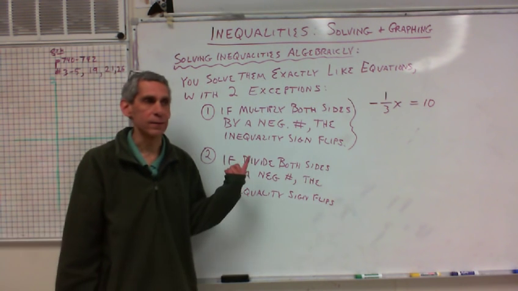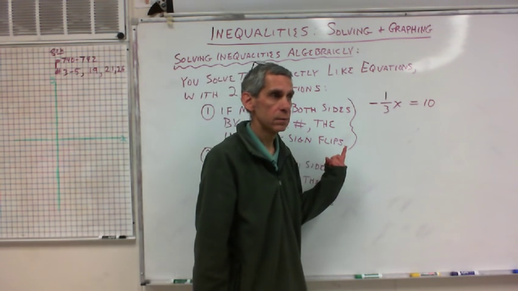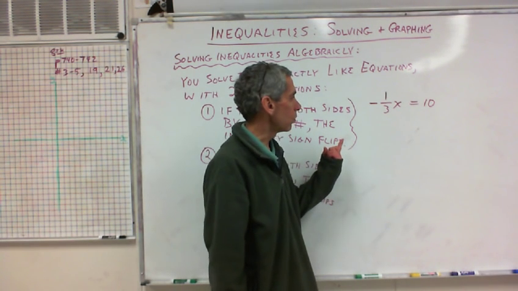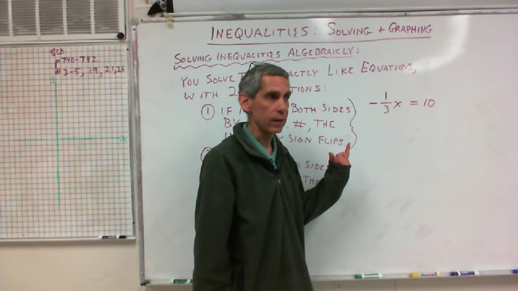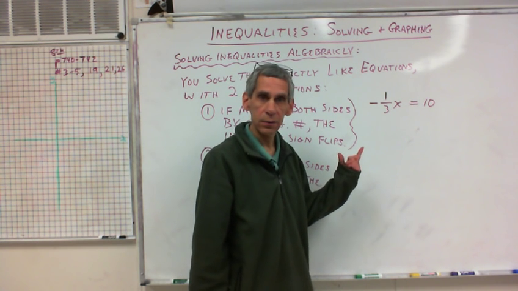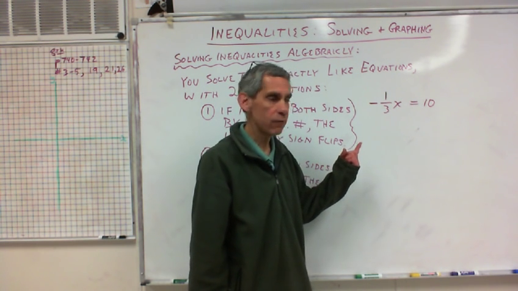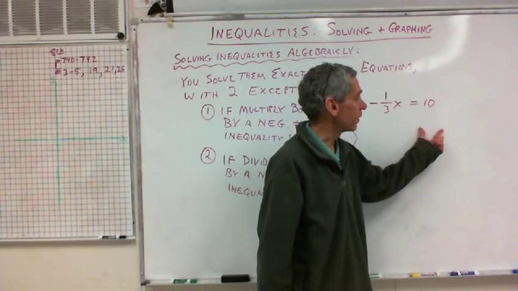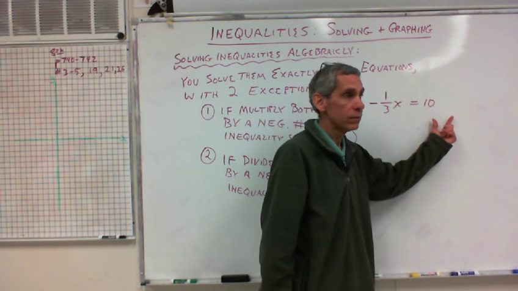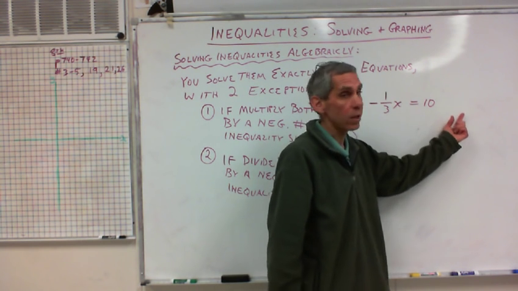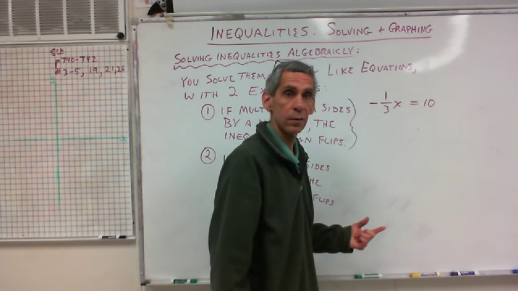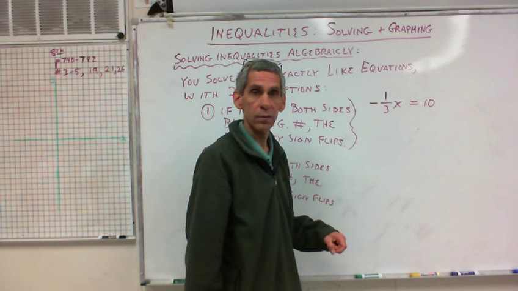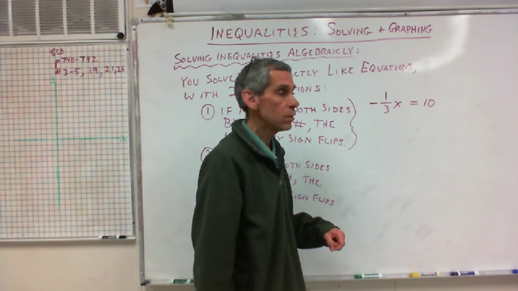I want to know what x is. I don't want to know what negative 1/3 x is. So how do I get rid of the negative, first of all? Well, I could add this to this side, and then I have 0 is equal to 10 plus 1/3 x. You would just multiply each side by a negative number or something.